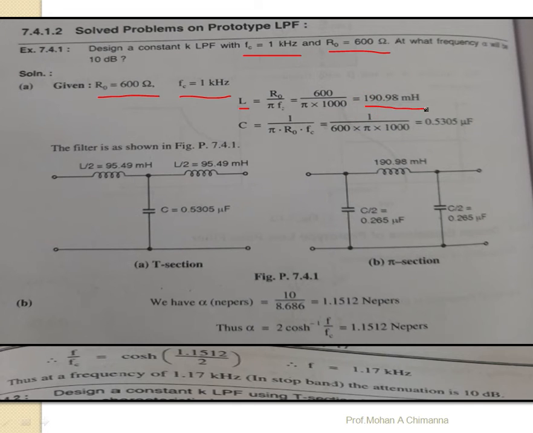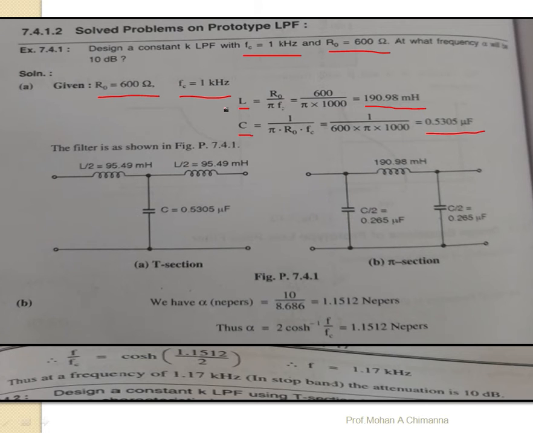Next is the capacitor C. C is equal to 1 upon pi R0 fc, which is equal to 1 upon 600 into pi into 1000, which is equal to 0.5305 microfarad.